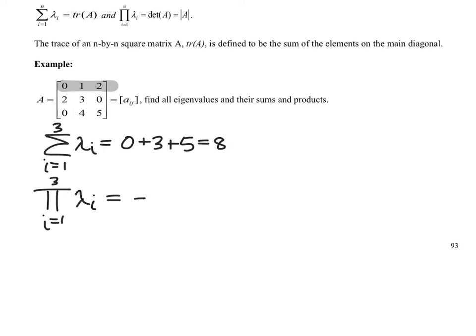So -1 times the determinant of 2 0 0 5, and then plus, different color, 2 times the determinant of 2 3 0 4.